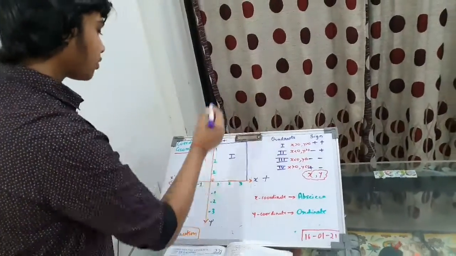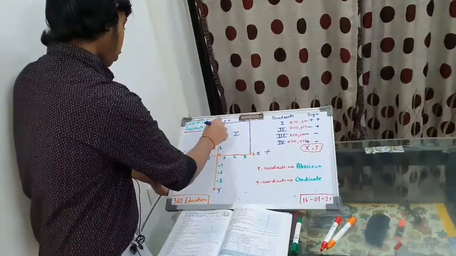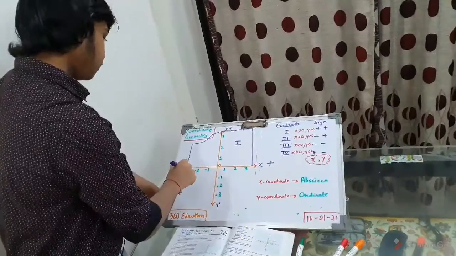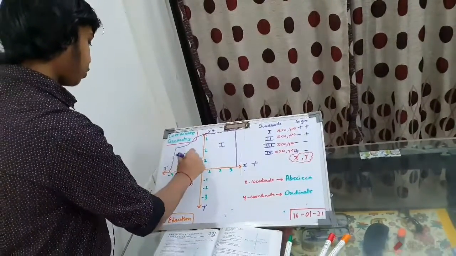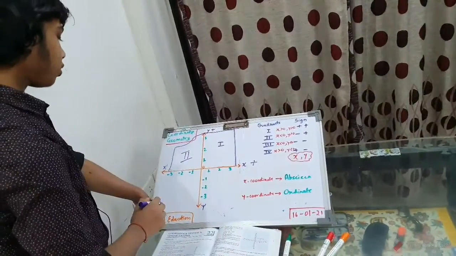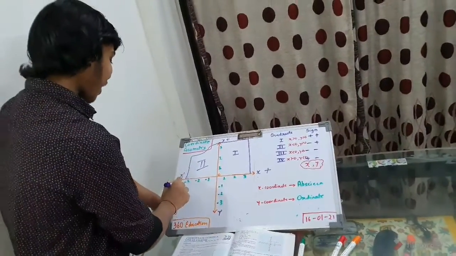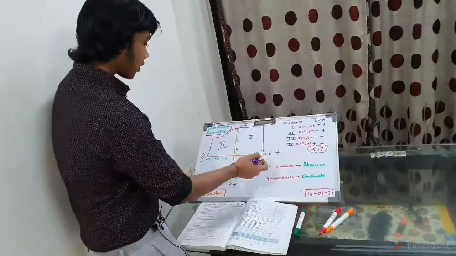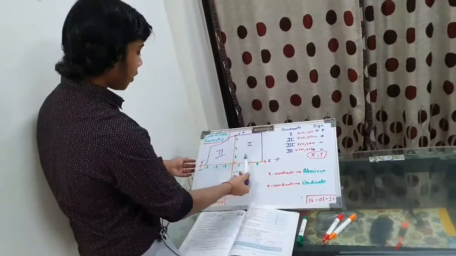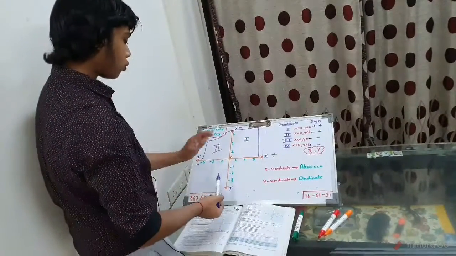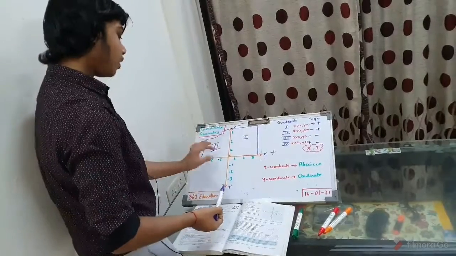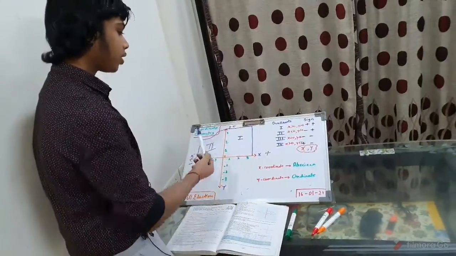Now let's move to the second quadrant. This is the second quadrant, and in the second quadrant the y-axis is plus and the x-axis is minus, because as you can see on the number line it is going backwards. The numbers which are behind the 0 are the negative numbers.